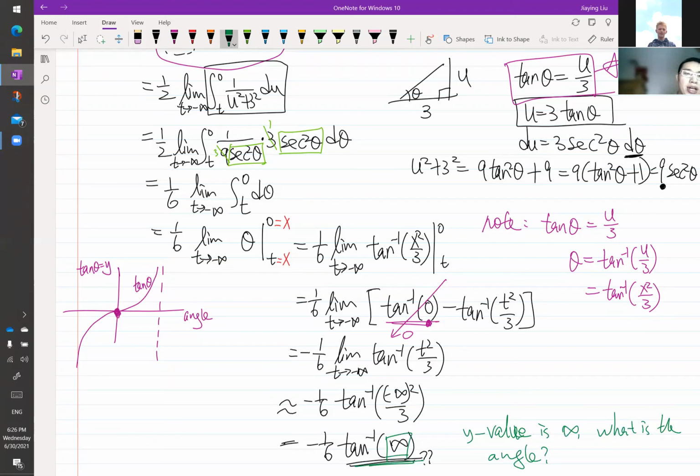Well, if the y value is infinity, it's somewhere here. The angle corresponds to this angle, right? What is that number? That's pi over 2. So as y approaches infinity, the angle will approach pi over 2. So the inverse tangent of infinity is pi over 2.